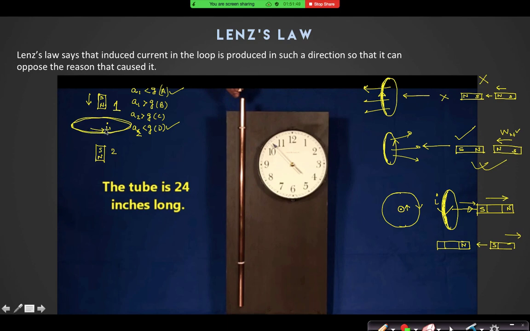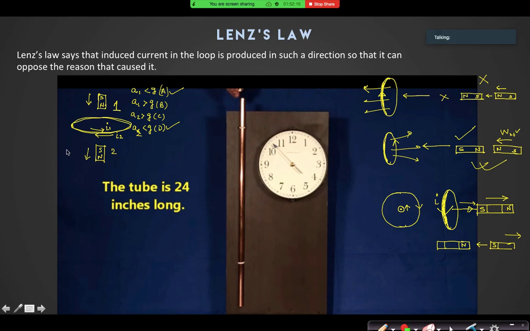Sir, simply, anticlockwise. Yes. And when it is going downward like this, the current will be right to left. Right? Because this direction field is decreasing, so it will increase in this downward field. Have you got it? Yes.